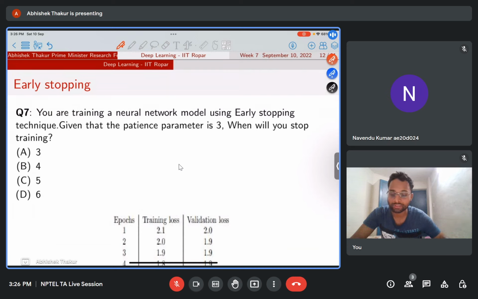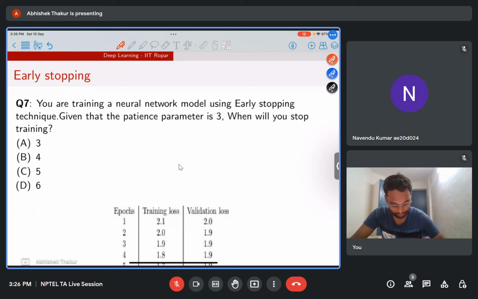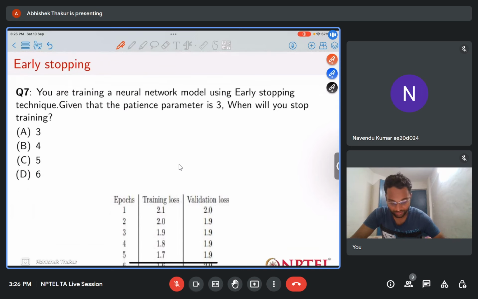Coming to the next question, that is based on early stopping. You are training a neural network model using the early stopping technique.